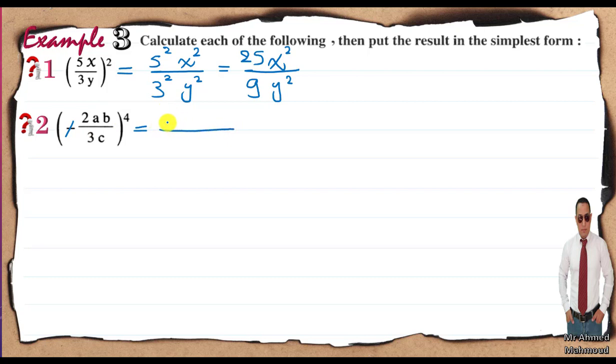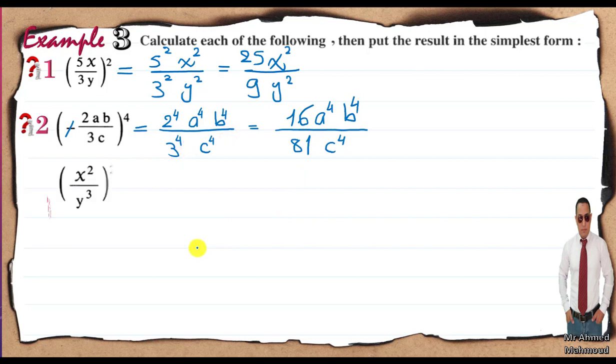So I have 2 to the power 4, a to the power 4, b to the power 4, 3 to the power 4, c to the power 4. Okay, and evaluate 2 to the power 4 equals 16, 3 to the power 4 equals 81, a to the power 4, b to the power 4, c to the power 4. All of them are different, so I'm going to write them without simplifying.